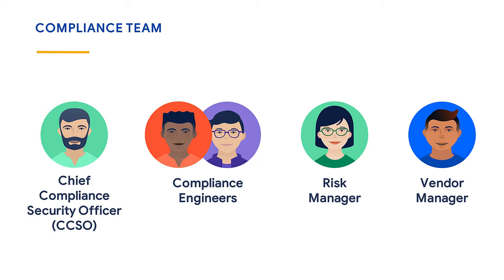The compliance team also includes a risk manager. This was a person who was responsible for assessing all kinds of risks that may impact the security of data or cause a negative impact on the brand and company operation. And the last member of this compliance team was vendor management.